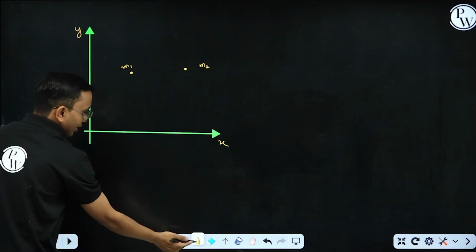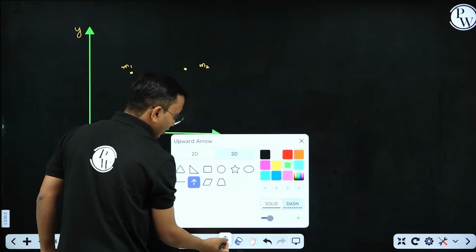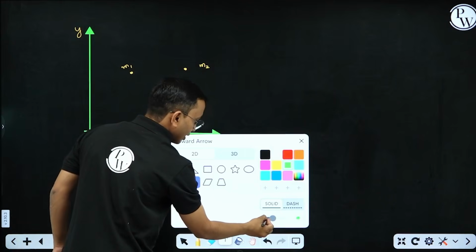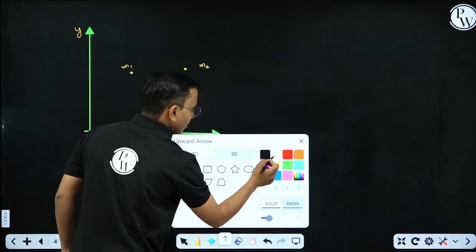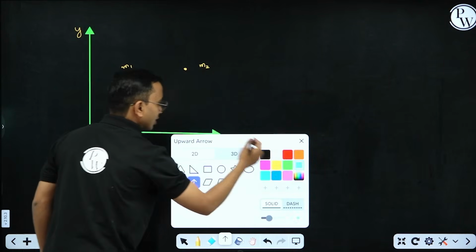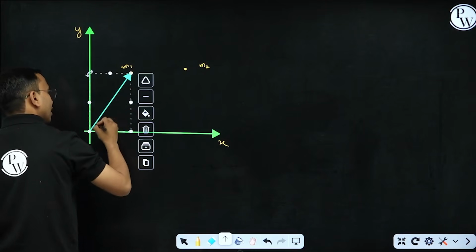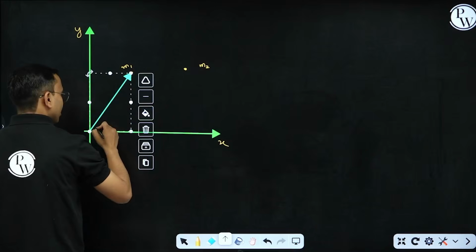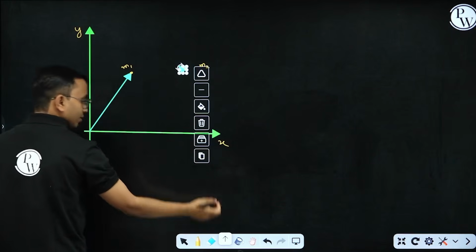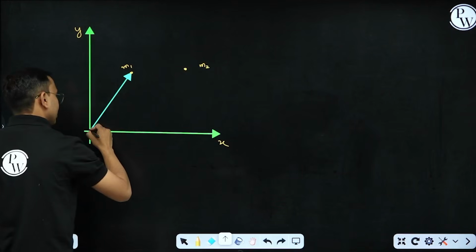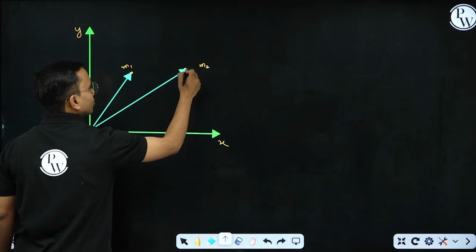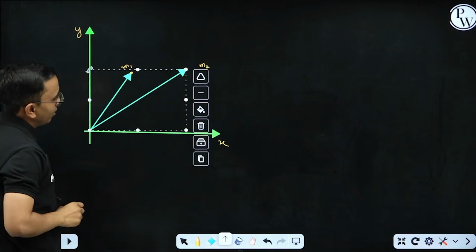Let us draw the position vectors for M1 and M2. Let me take this color. So this is the position vector of M1 and this is the position vector of M2. Is that clear?